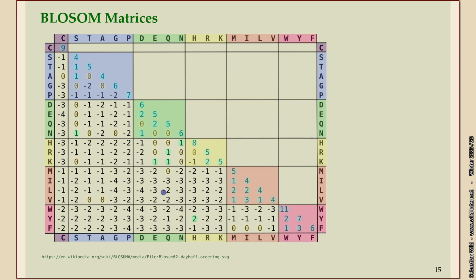So the way this matrix comes about is from studying proteins that we know are the same kind of protein in different species, and you compare them also across time. And you see how often one amino acid mutated into another. And essentially, the numbers that you see here are log odds scores.